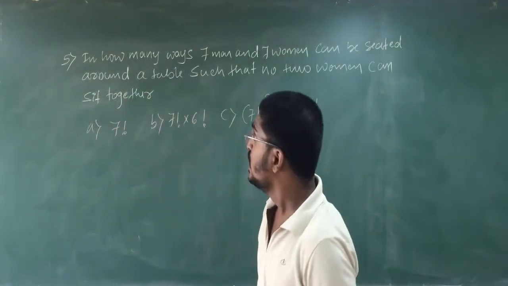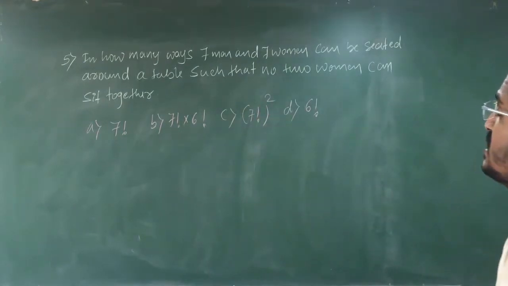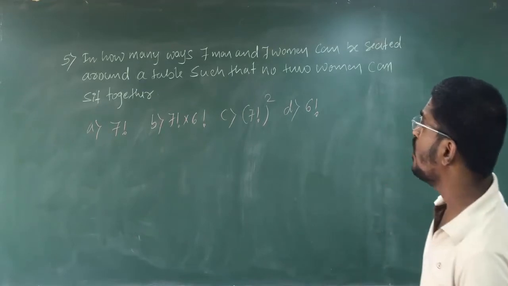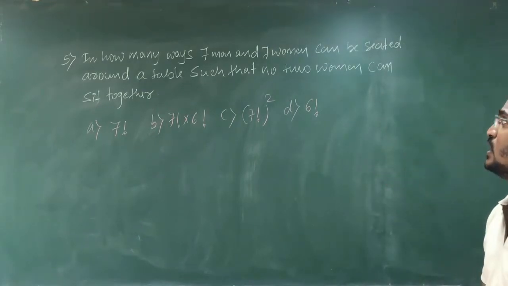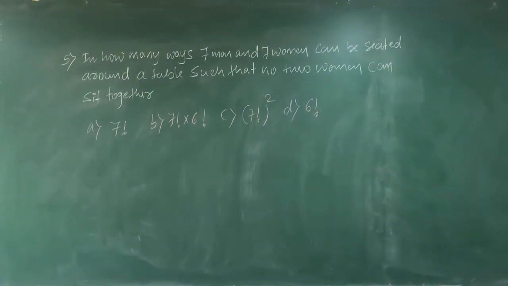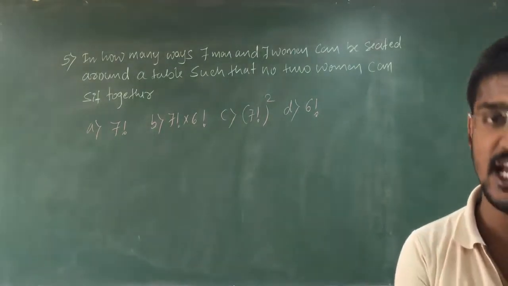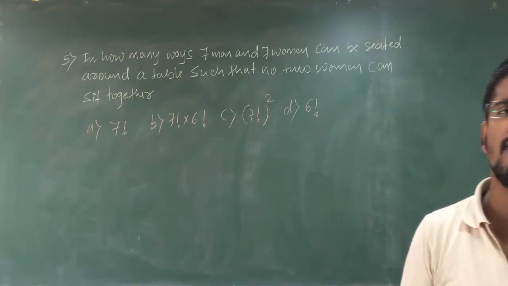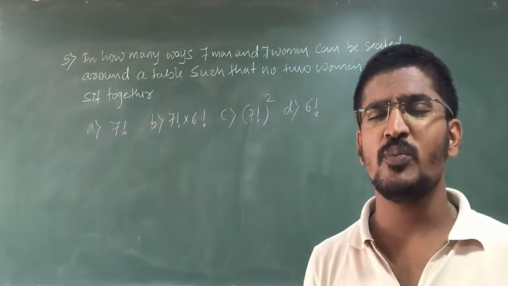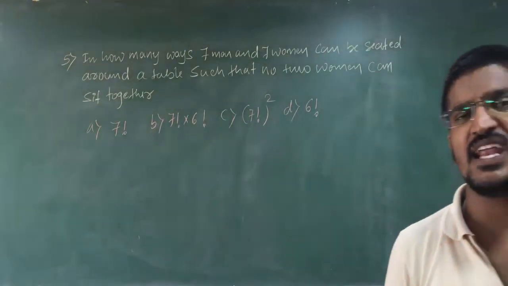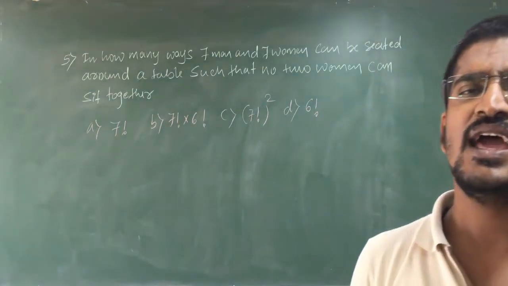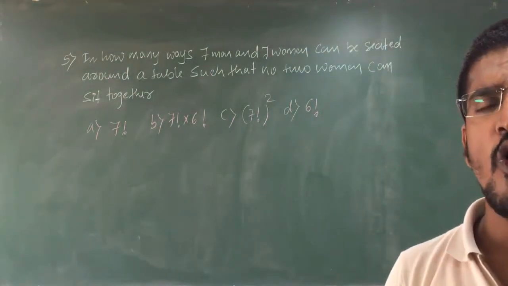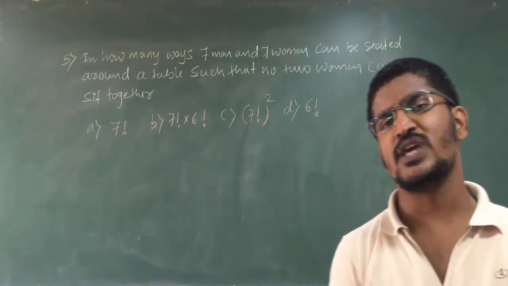In how many ways can 7 men and 7 women be seated around a table such that no 2 women can sit together? That means there are 7 men, 7 women. So you have to make an arrangement of sitting 7 men and 7 women round the table such that no women are together.